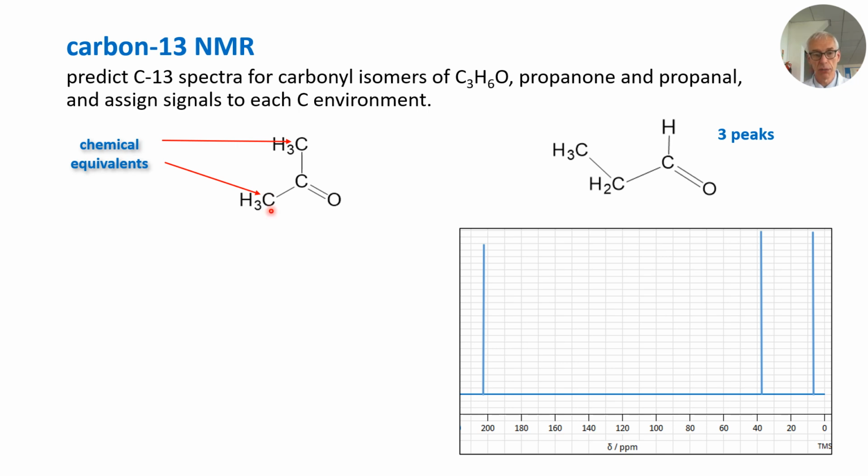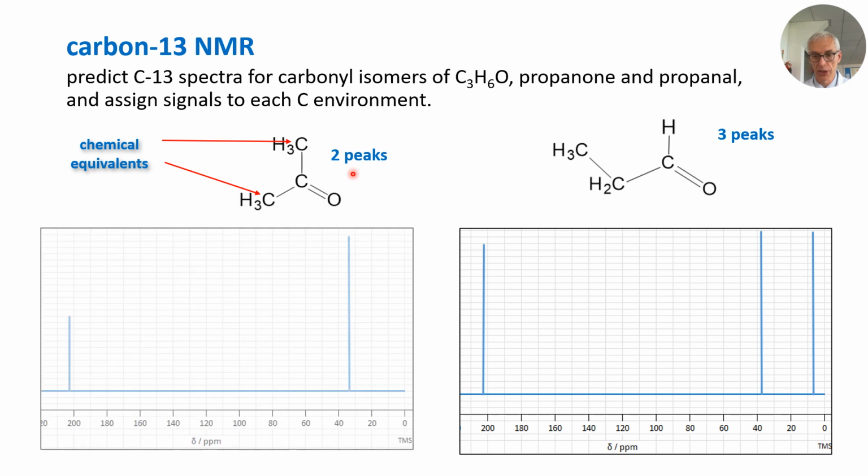Now, if we look at propanone, these two carbons have an identical chemical environment. That is, they are chemical equivalents. That means we're only going to get two peaks. We've only got two different carbon environments: the carbon double bond oxygen and the carbon-carbon. But these carbon atoms are in identical chemical environments, that is, they are chemically equivalent.